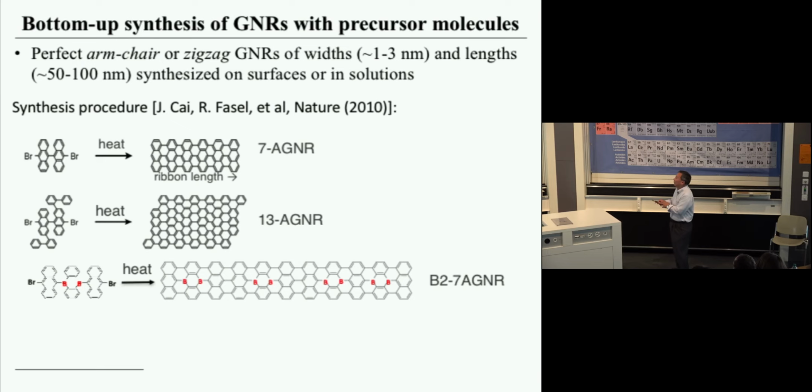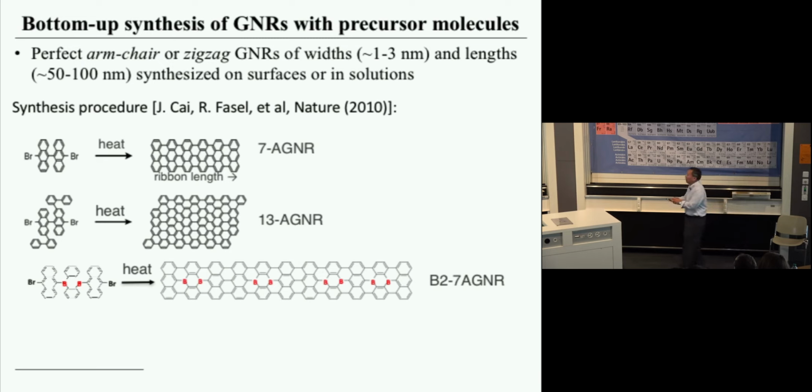Then the bromine atoms boil off and the molecules polymerize. And here, for this particular case, you have a perfect 7 armchair graphene nanoribbon, which we call that because it has 7 rows of carbon atoms forming this armchair graphene nanoribbon.